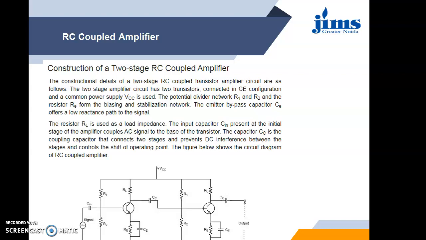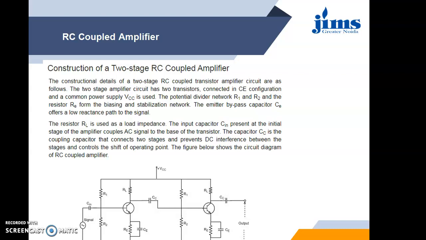These are cascaded because if only one stage is not capable of delivering sufficient amplification, then connecting two stages brings a multiplication of the two gain factors. So let's say the gain of the first stage is A1 and the gain of the second stage is A2; then the overall gain of a two-stage RC coupled amplifier would be A1 into A2.